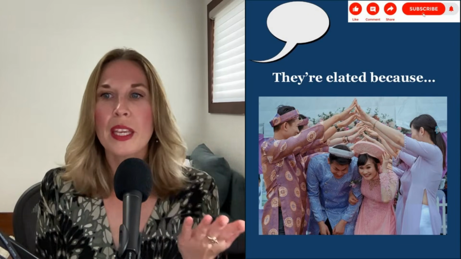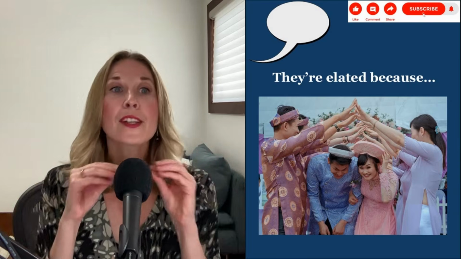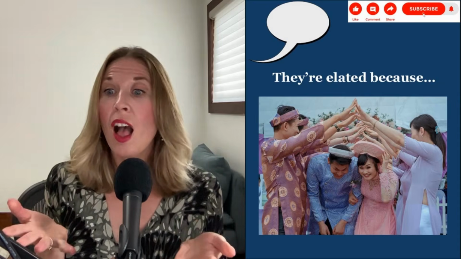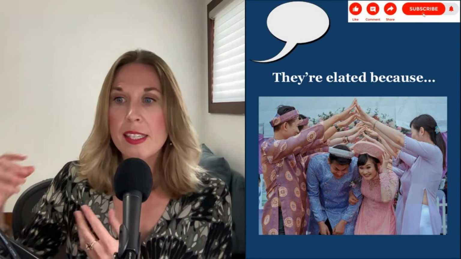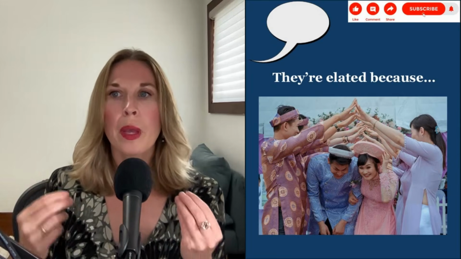So they're elated. Repeat after me, elated, elated, which means very happy, extremely happy. They're elated because, so how can you complete this sentence? You need to complete this sentence with a clause. A clause is a subject, verb, and object.